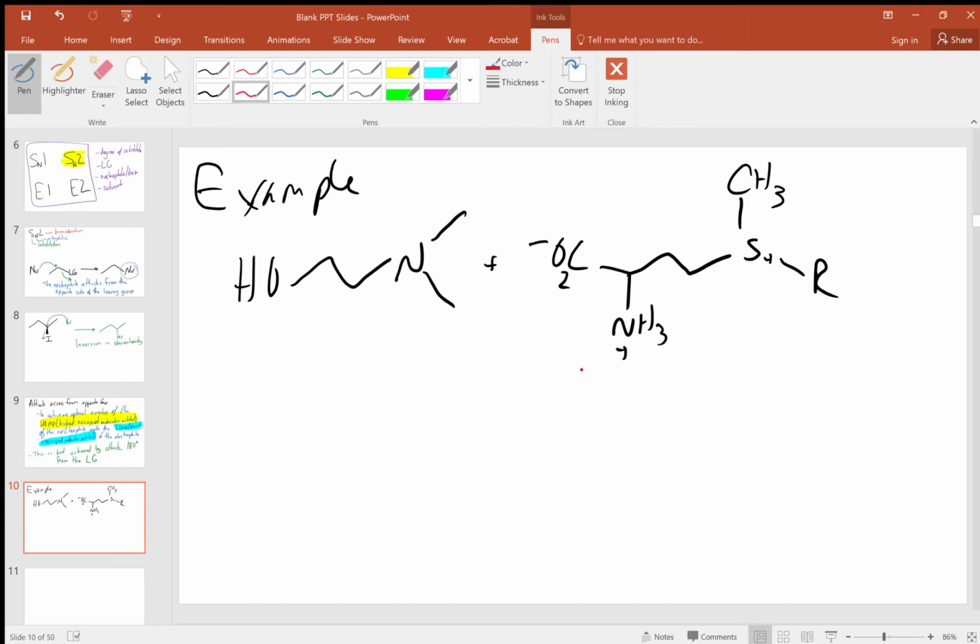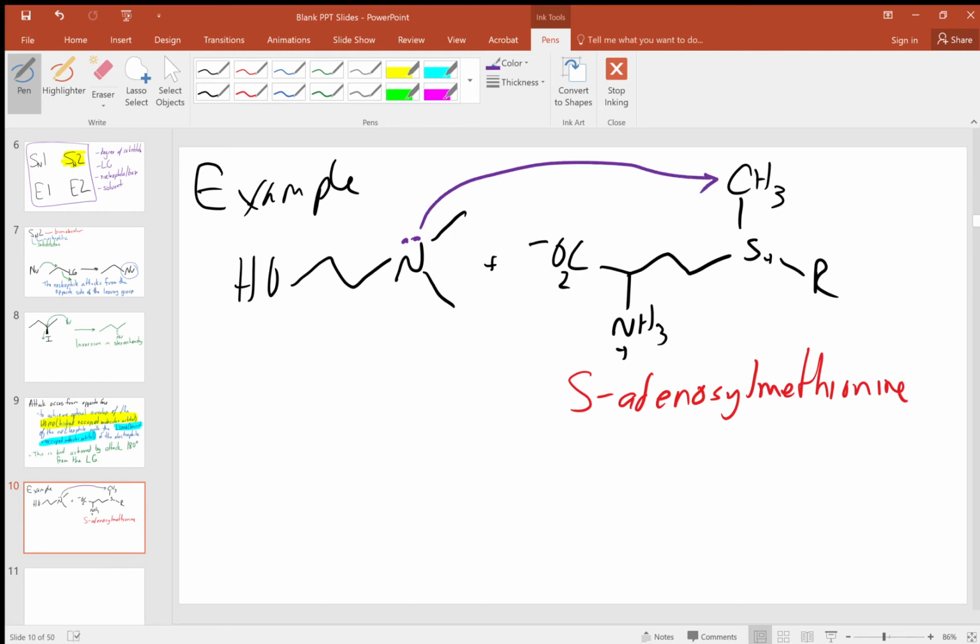And what we have here is S-adenosylmethionine. And the nitrogen, with its lone pair, can function as a nucleophile. If it attacks the methyl group, the reason it's able to attack the methyl group, normally carbon-sulfur bonds aren't really that polar.